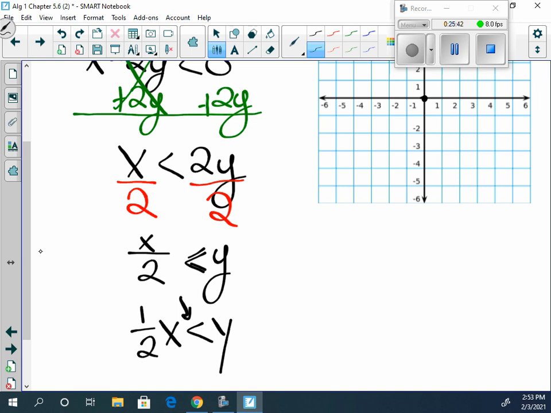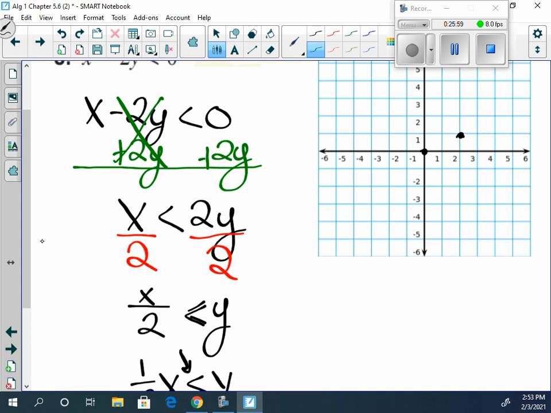Because the slope is positive, we would go up 1 and over 2 to the right. If it was negative, then it would be going down 1 and right 2. The inequality sign is really telling us which side of the line we need to shade. That's all right. We'll look at this here in a minute.